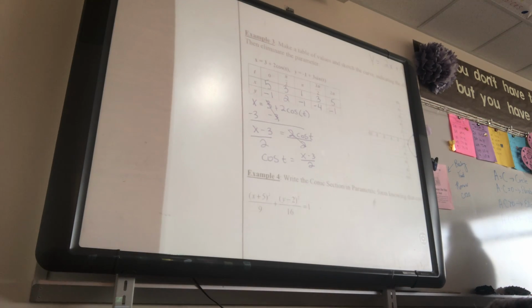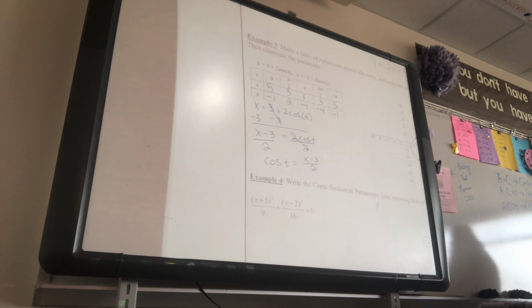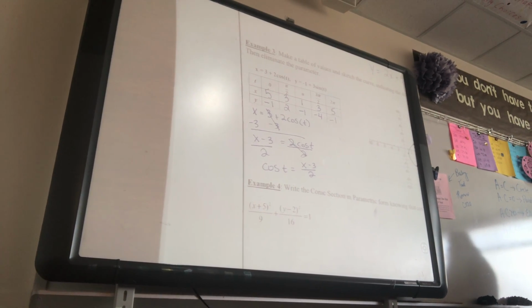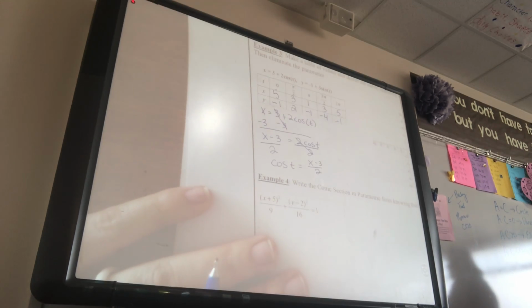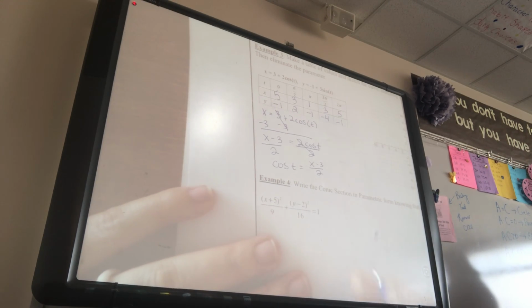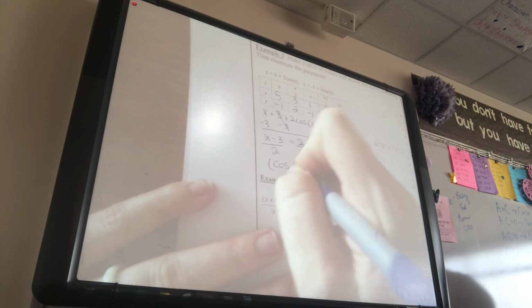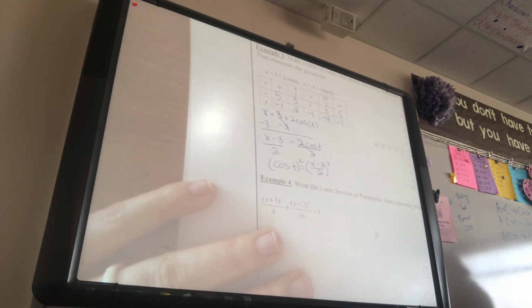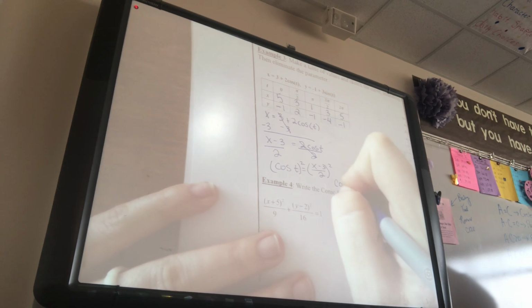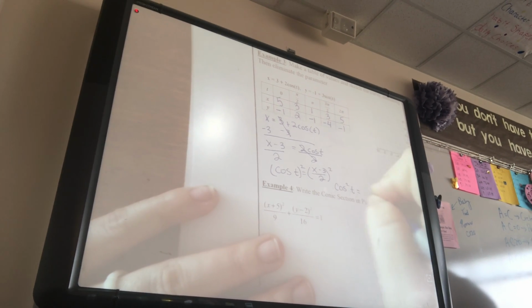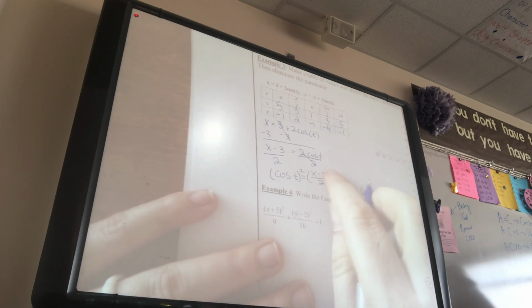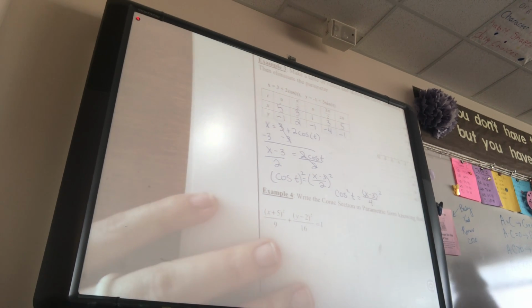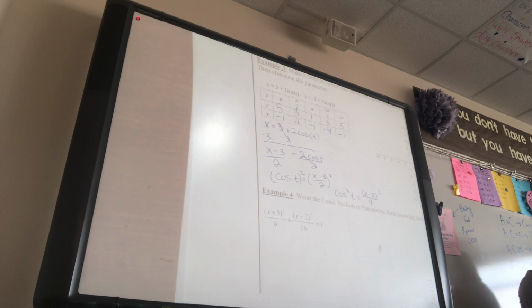Man, that sure does look really similar to what we did with ellipses. That looks so close. What's missing over here? Well, let's just square both sides. Let's see what happens. So I have cosine squared t is equal to x minus 3 quantity squared over 2 squared, which is 4. That looks very elliptical in nature.